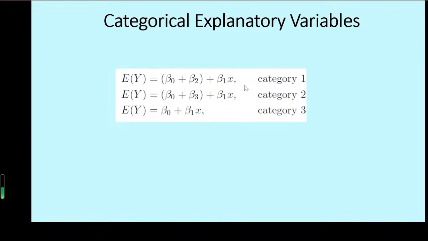For category 1, actually, the model is expectation of y equals beta 0 plus beta 2 plus beta 1 x. And for the second category, the model will become expectation of y equals beta 0 plus beta 3 plus beta 1 x. And for the third category, the model will become beta 0 plus beta 1 x.